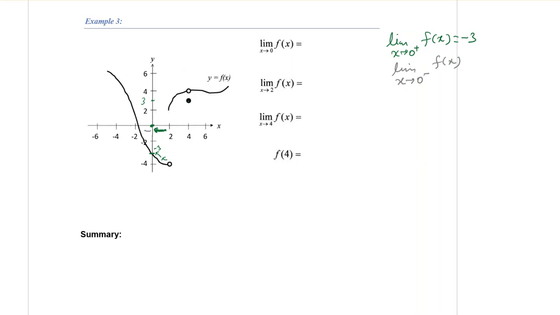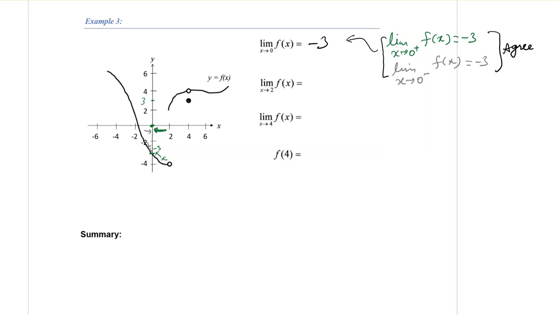If we go from this side, again, we notice that the y value approaches -3. We know that these both limits agree, and once they agree, it means the limit as x approaches 0 exists, and the value of that should be -3.